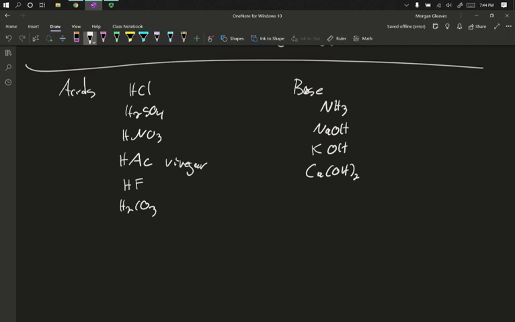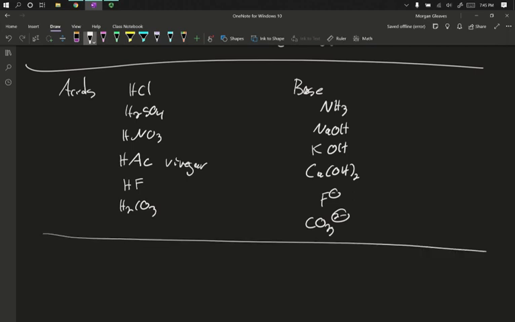They give away something that can consume an H+. There are many more, F- or CO3 2-, a carbonate. These can also accept H+. We'll discuss those more in weak acids and bases. But here's a variety of things that can be acids and bases.